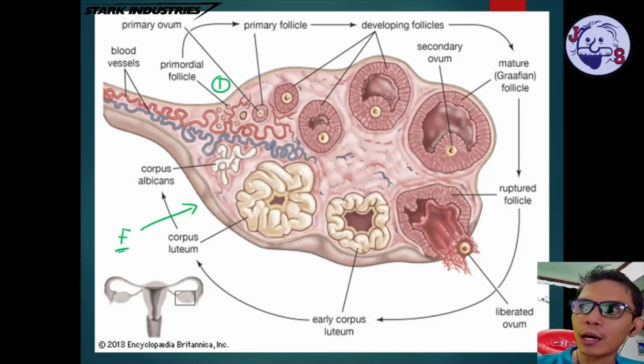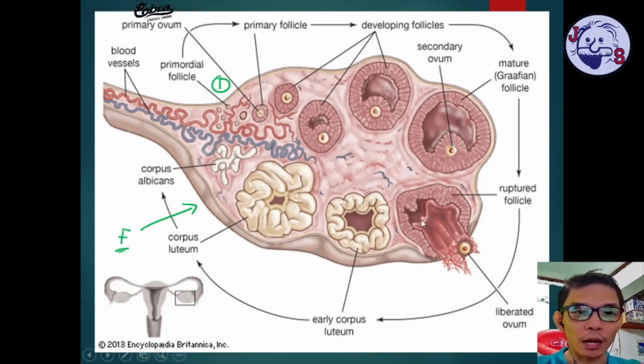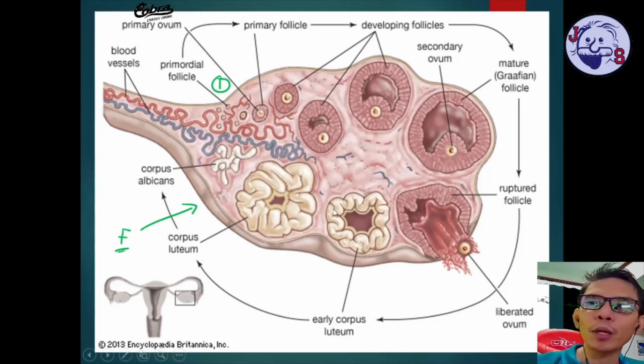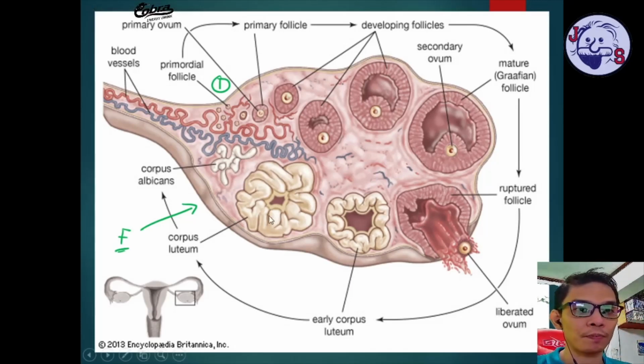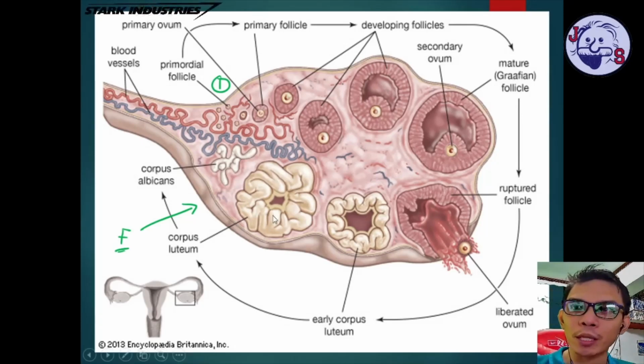Now the follicle in which the egg stays, for the meantime, will become a corpus luteum, and this corpus luteum, as we talked about earlier, produces the progesterone necessary during pregnancy.